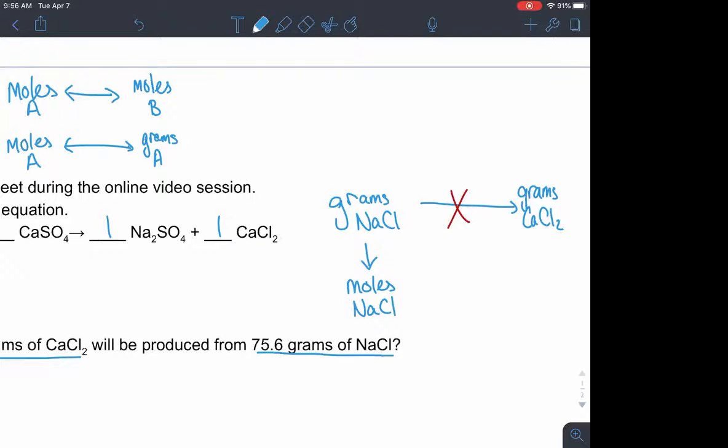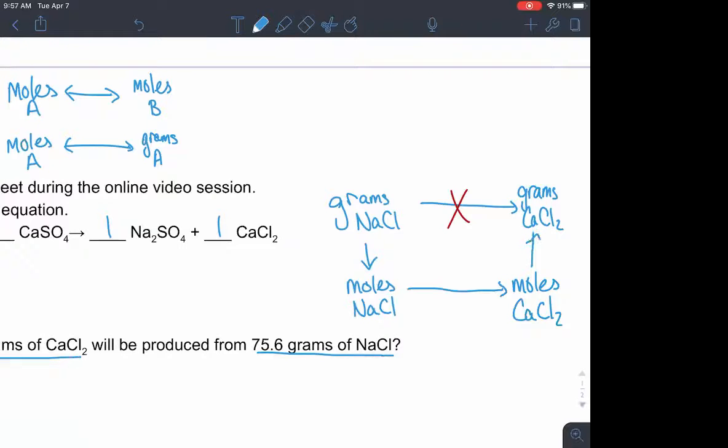So we need to get to moles of CaCl2. Can we go from moles of NaCl to moles of CaCl2? Yeah, so we can do that. So now we're going to go to moles of CaCl2. Now can we go from moles of CaCl2 to grams of CaCl2? Yes, technically, we can.